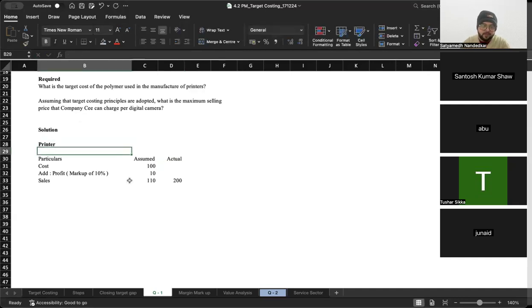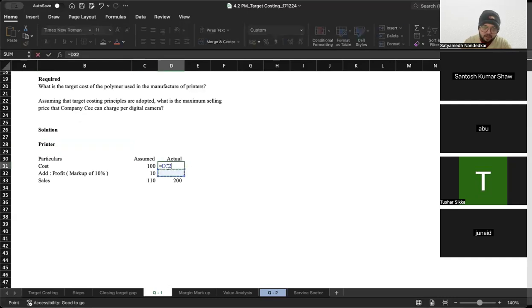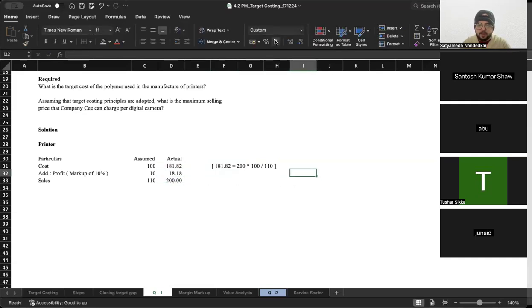What will be the cost here? 200 into 100 upon 110. 181.82. How is 181.82 calculated? 181.82 is 200 into 100 upon 110. That gives me 181.82. This is basically my cross multiplication.